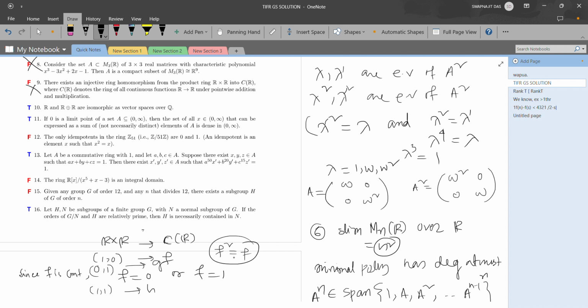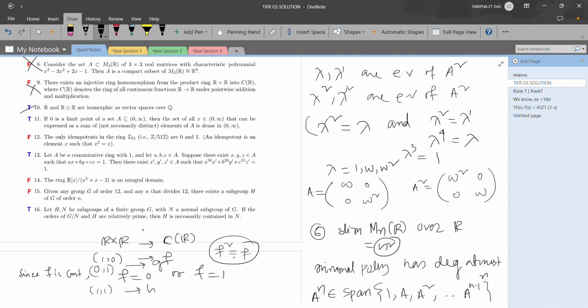If their dimensions are the same, you have a bijection between the basis elements, which will uniquely extend to a linear map, which is an isomorphism, because on the basis elements it is already a bijection. Hence, since both dimensions over Q are the same, this is isomorphic.